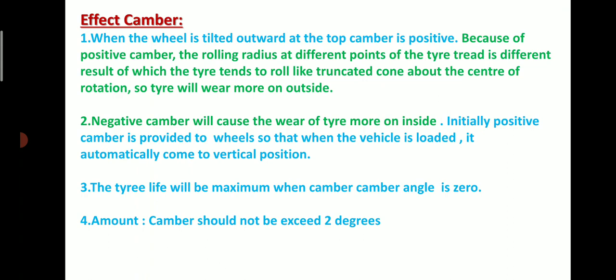Negative camber will cause the tire to wear more on the inside. Initially, positive camber is provided to the wheel so that when the wheel is loaded, it automatically comes to the vertical position. The tire life will be maximum when the camber angle is 0. The amount of camber should not exceed 2 degrees.